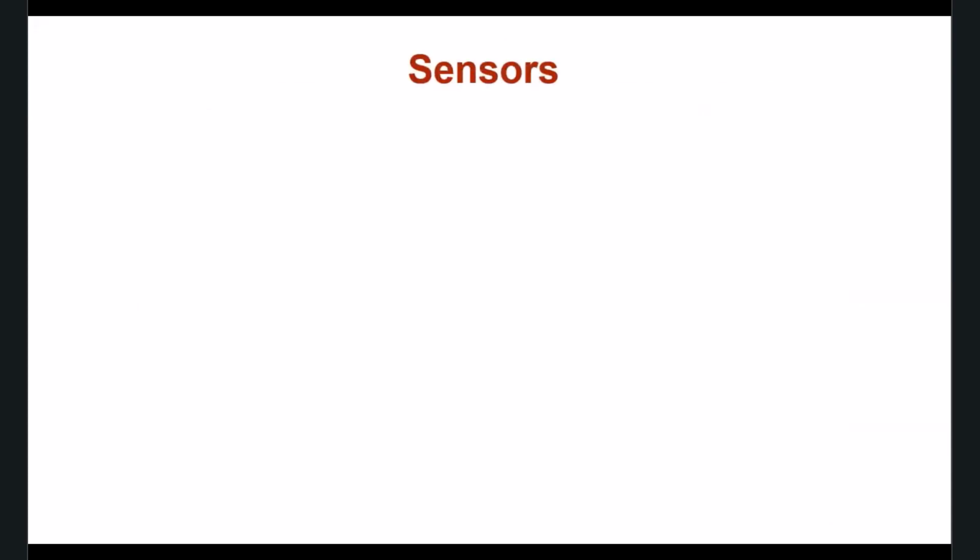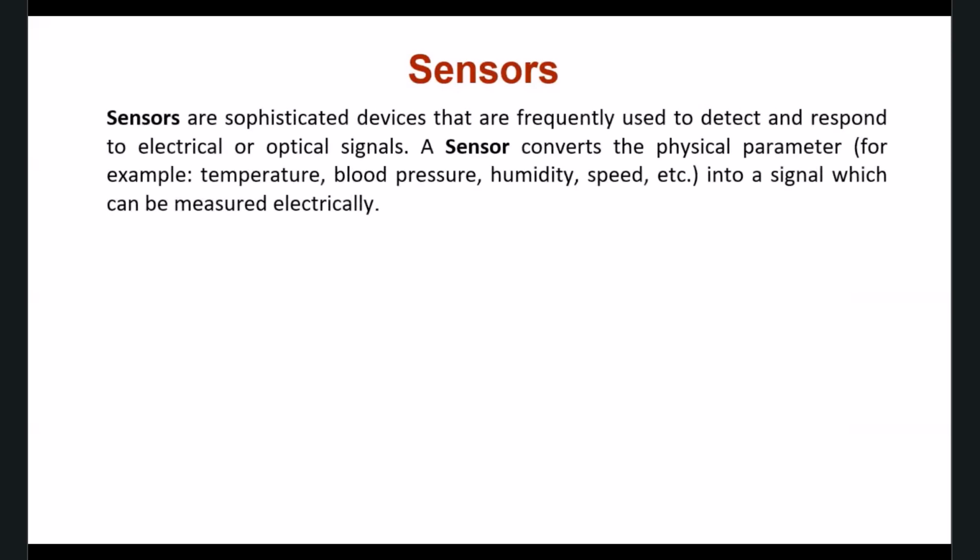Now we'll talk about automating the embedded systems, or automating the physical problem using some devices. And the sensors are just like the senses of a human being. Human beings have different senses, and these sensors are just like those senses.